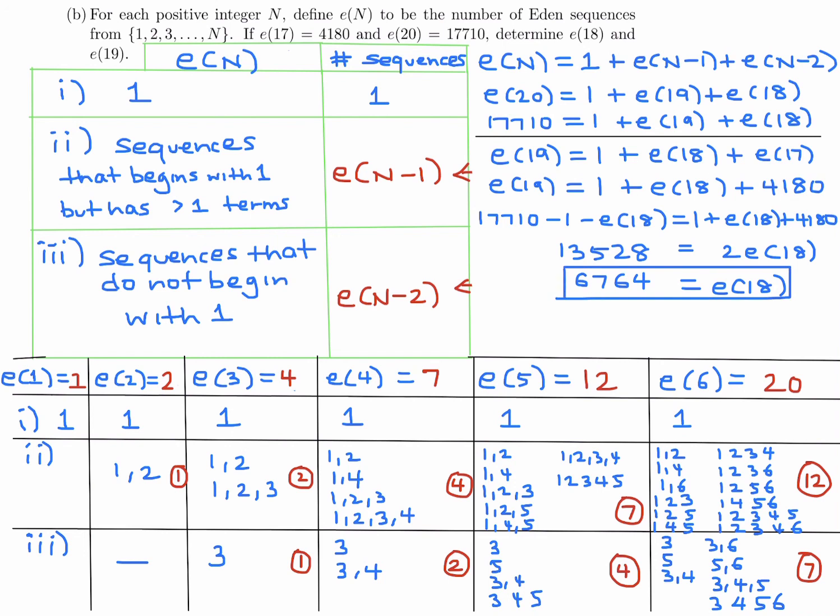And then to find E19, well, E19 is equal to this right here. So E19 would basically be equal to 1 plus E18, which is 6764, plus 4180, and that is equal to 10945.